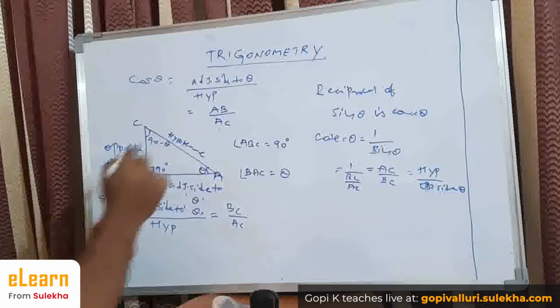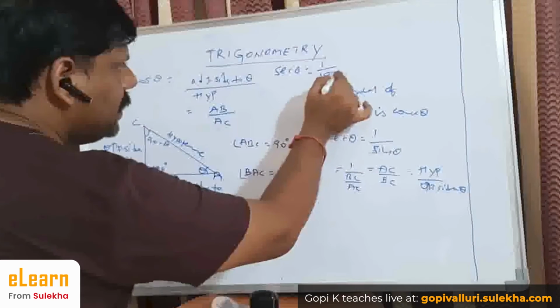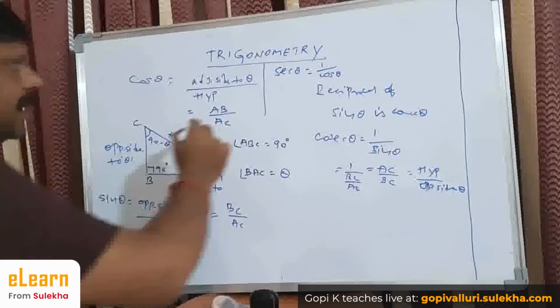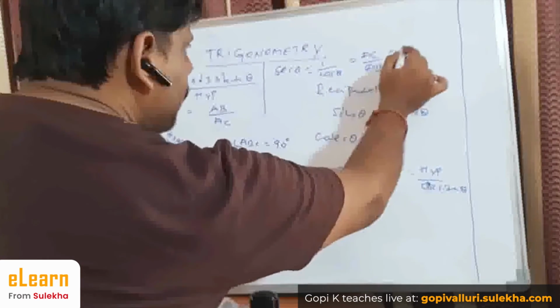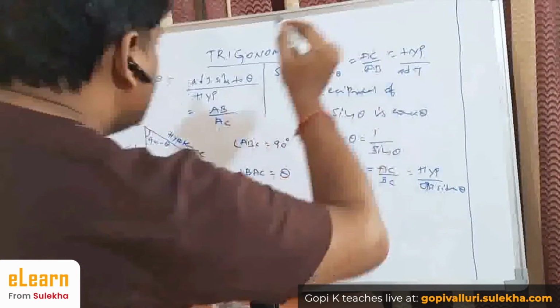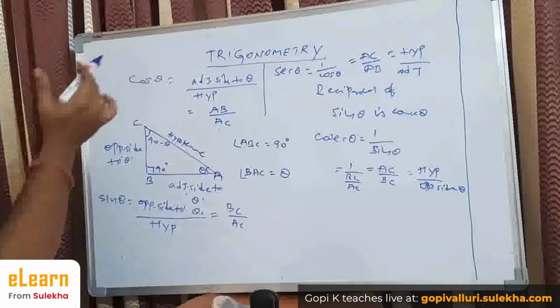Sec theta is the reciprocal of cos theta, so sec theta is equal to 1 by cos theta. 1 by AB by AC becomes AC by AB, that is hypotenuse by adjacent. So once you know cos theta, we get sec theta.